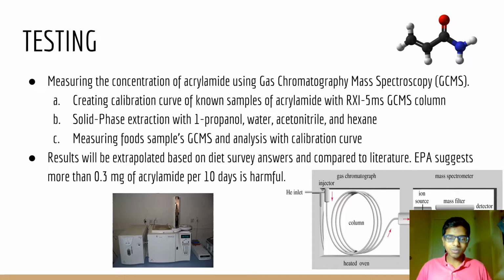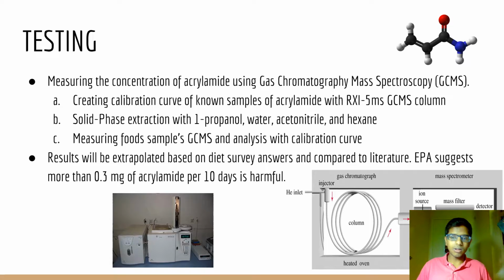And then finally, with this pure solution of acrylamide from the food, we ran those samples through the gas chromatography mass spectrometry machine. And as you can see on the right-hand corner, the injector injects the sample into the column, which spins the column at a very high rate and at very high temperature, causing acrylamide to separate from all the other molecules.